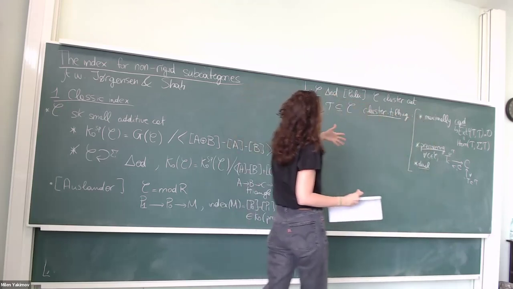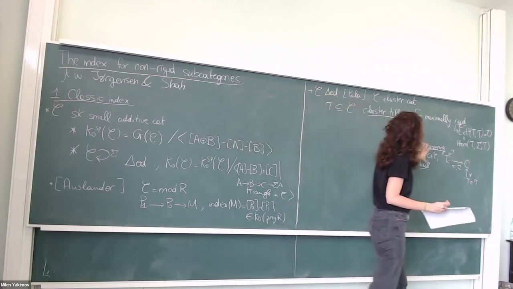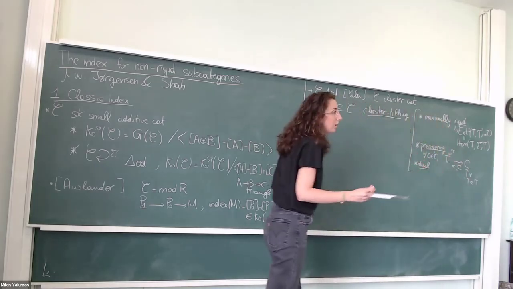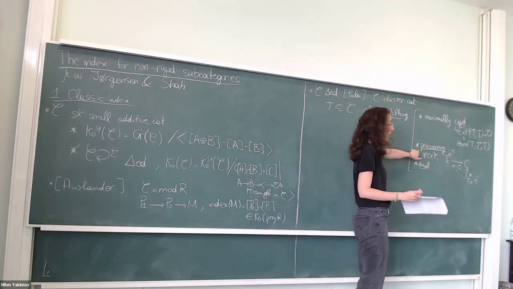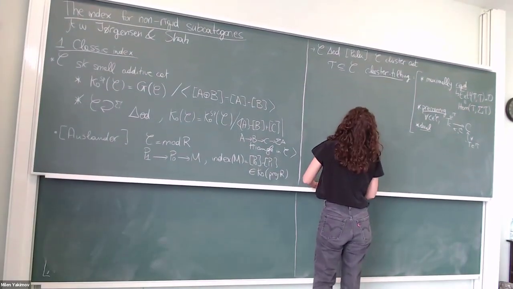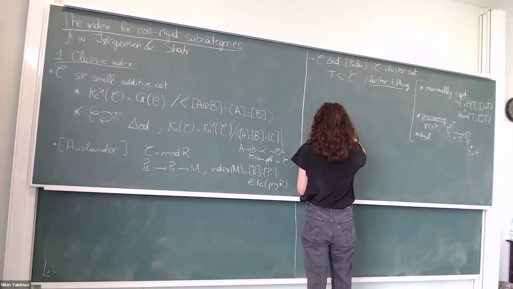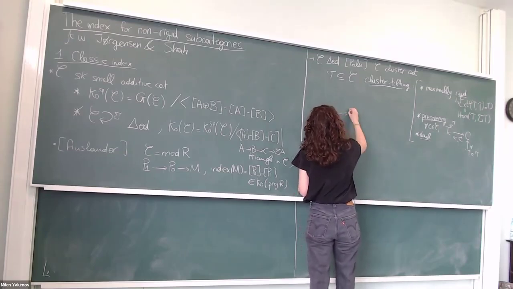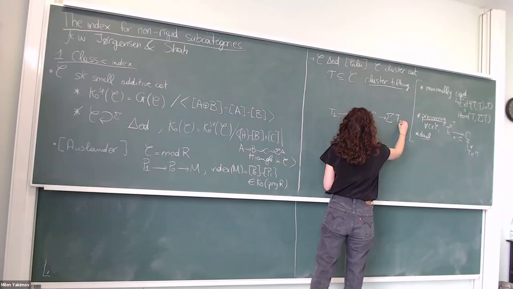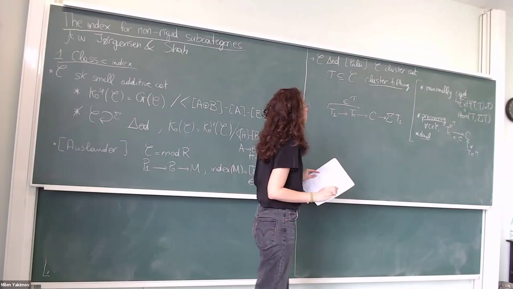So if you look at cluster categories with finitely many indecomposable objects, these come really for free once you have a maximally rigid object. But if you want to look at infinite ones, you have to be a bit more careful, and this is some extra condition you need. And then what happens in this setting is that whenever I take some object in C, I can always create some approximation triangle where these two objects are in my cluster tilting subcategory.